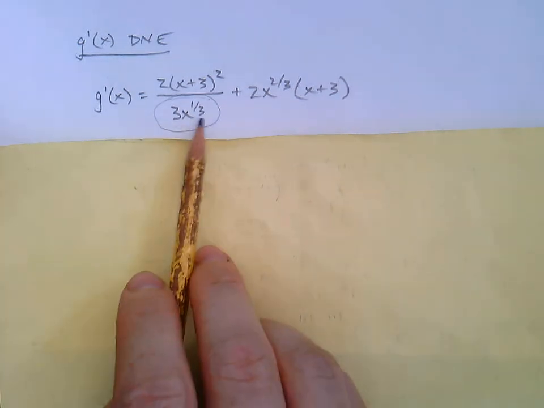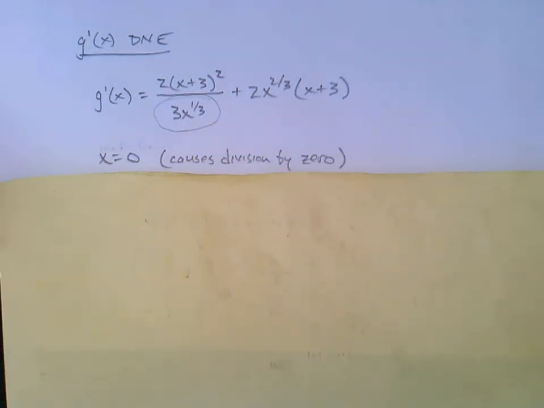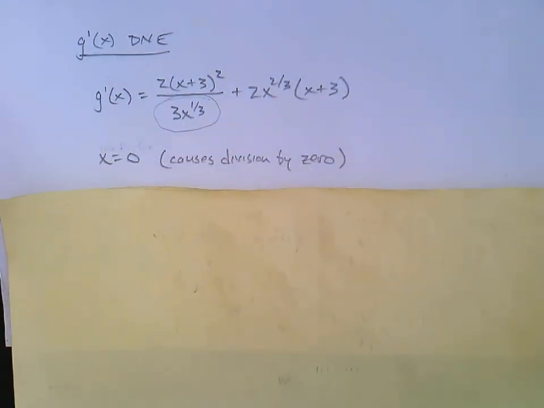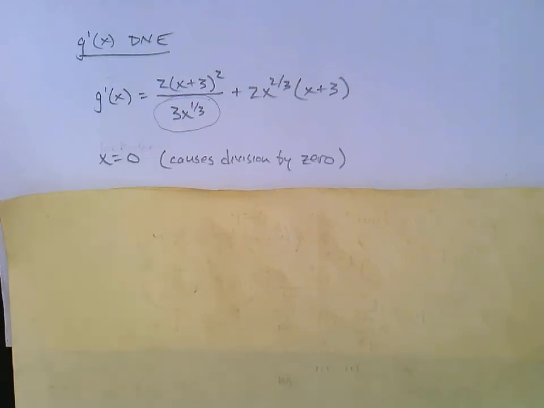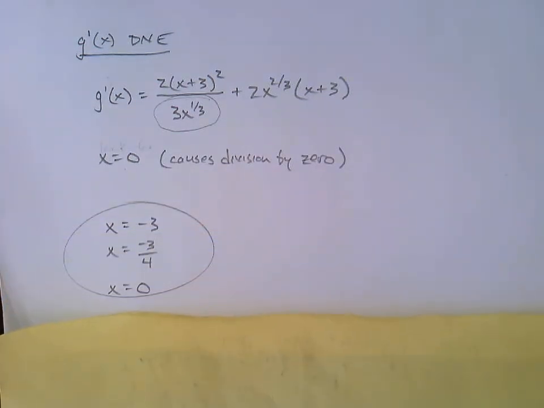And if 3x to the 1/3 equals 0, then that, of course, means x equals 0. And I've got my note there: x equals 0 causes division by 0. So this is a critical number. It's a possible local max or local min. And now we have them all. We've got three critical numbers, I should say: x equals negative 3, x equals negative 3/4, and x equals 0.